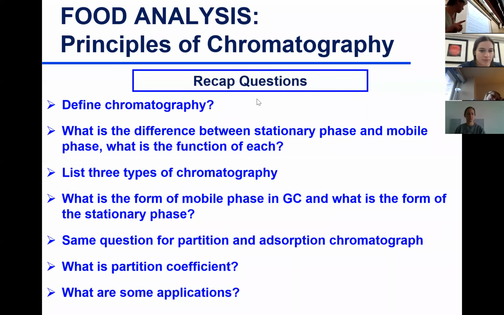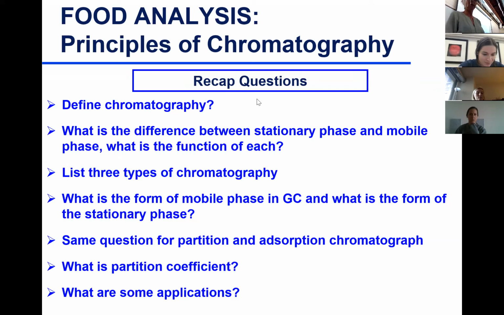So it is the partitioning of the solute or the component of interest. I know in the slides it says partition in the stationary phase over partition in the mobile phase. It can go both ways, but it can also be partitioning between the mobile phase over the stationary phase. So it's the ratio of the concentration at any time point in equilibrium between the mobile phase and the stationary phase.